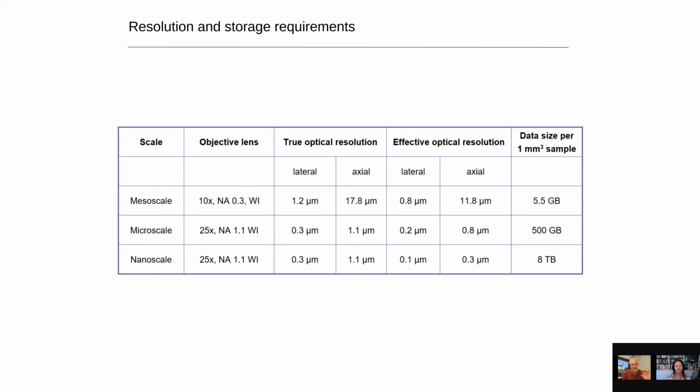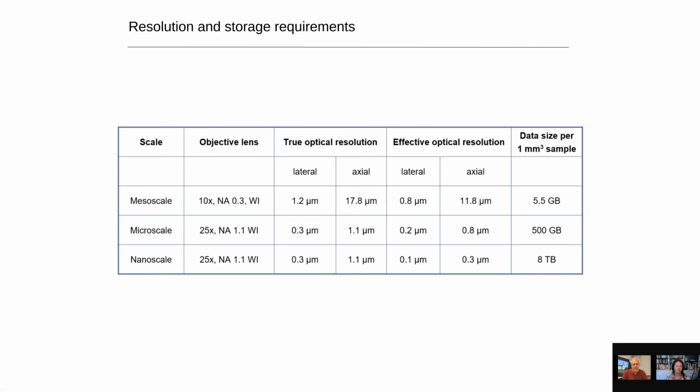We stitch this data together because we have to image these large extended samples with a lot of single tiles that are then fused together. We do that normally using Fiji, with the publication by Stephan Preibisch et al.